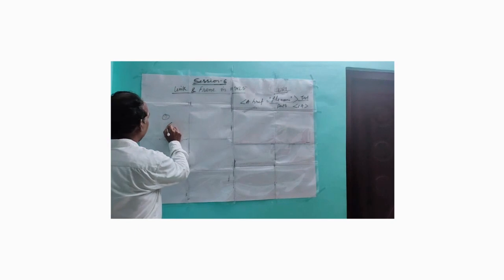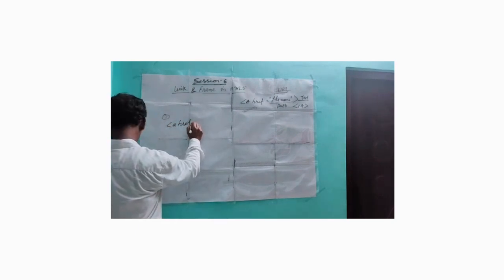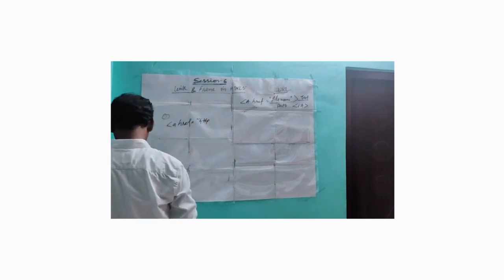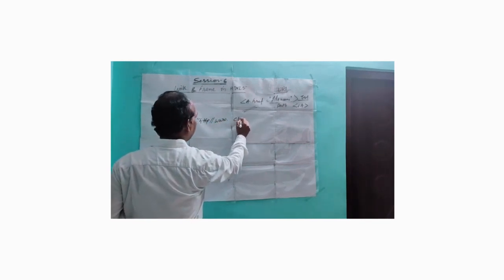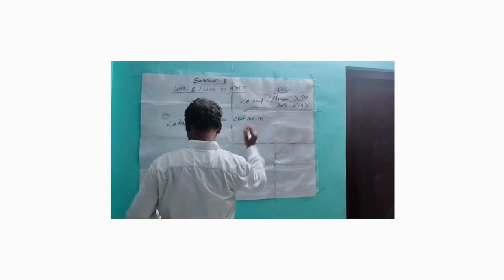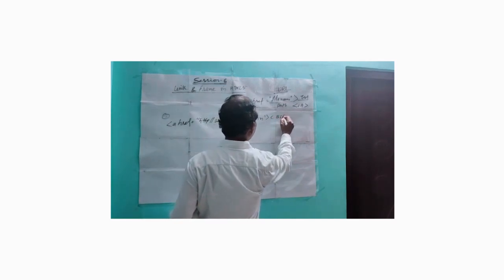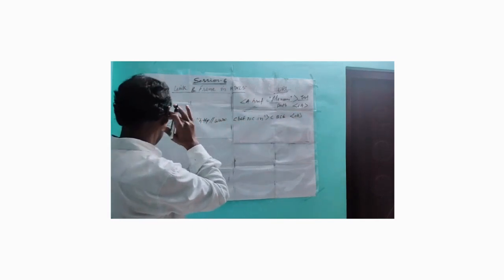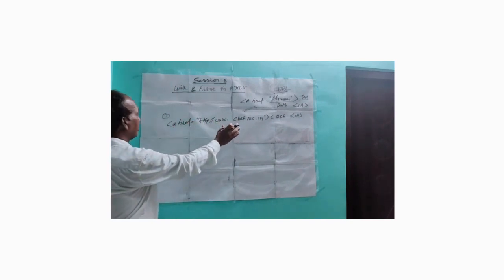For example, href equals to, say, http, hypertext transfer protocol, complete address, then www.cbse.nic.in, close, then CBSE, then close the anchor. So the first example is to link to a page of a website, we need the complete address.